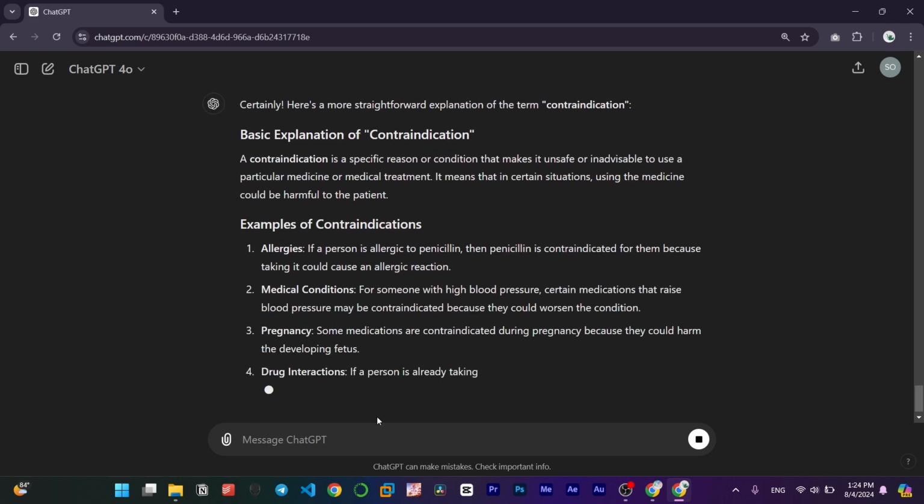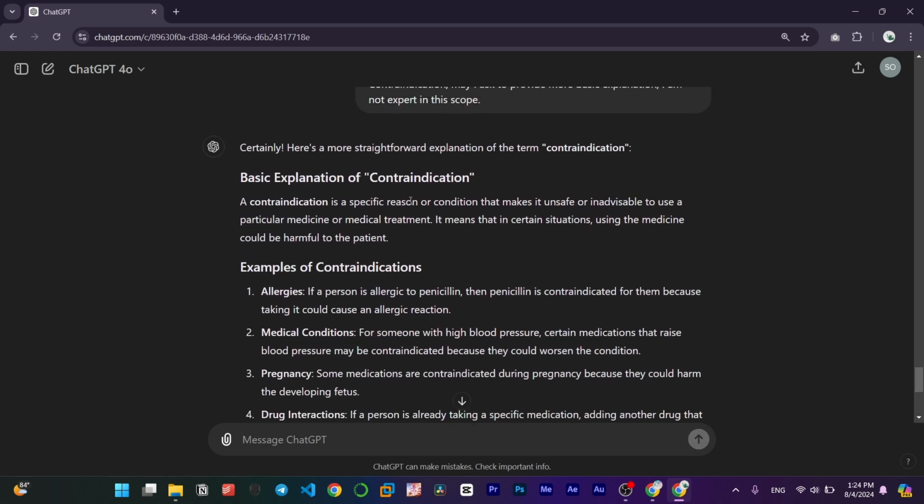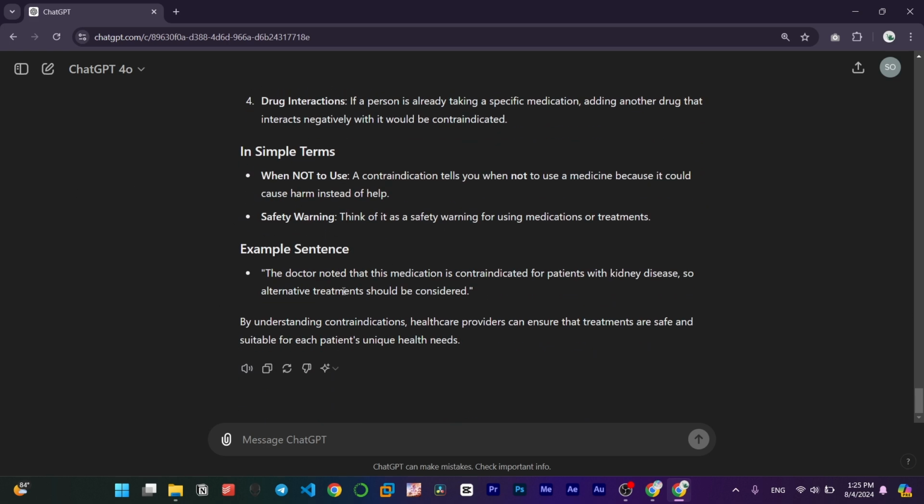As you see, it gives a brief explanation, because I'm not sure about the word contraindication. I don't know about the pronunciation. It is a specific reason or condition that makes it unsafe or inadvisable to use a particular medicine or medical treatment. It means that in certain situations, using this medicine could be harmful to the patient. So this is really important. As you see, it provides you more examples and so on.